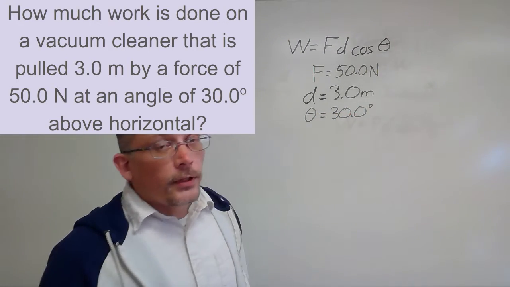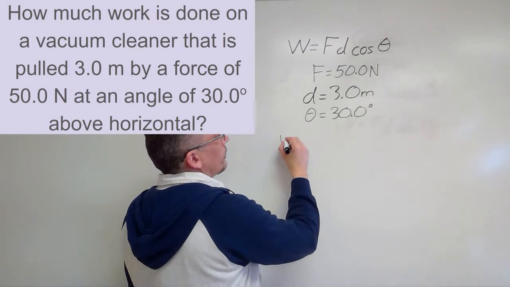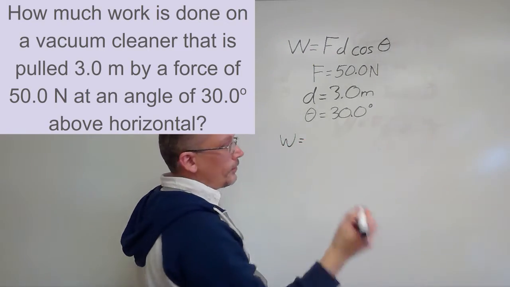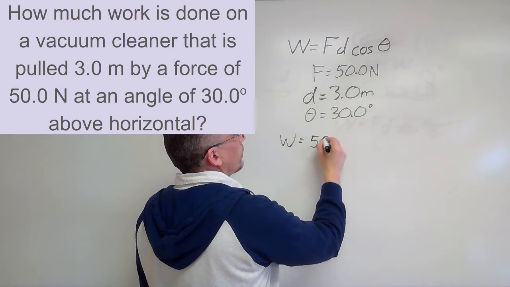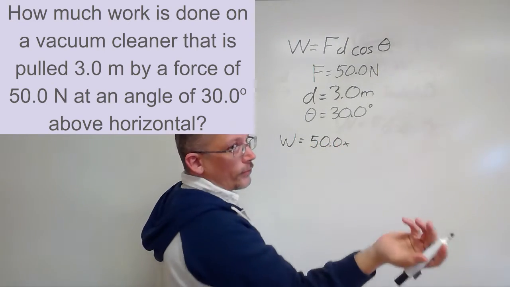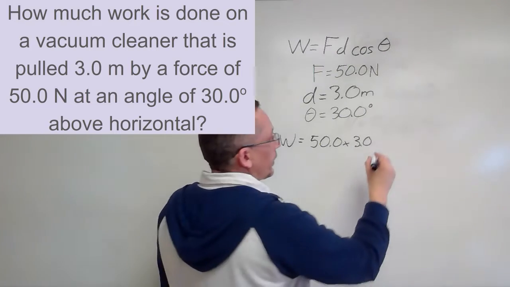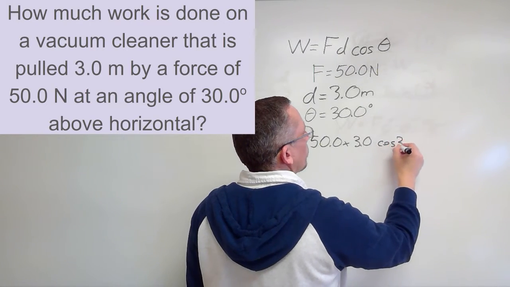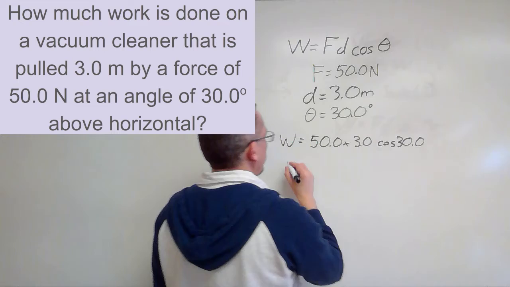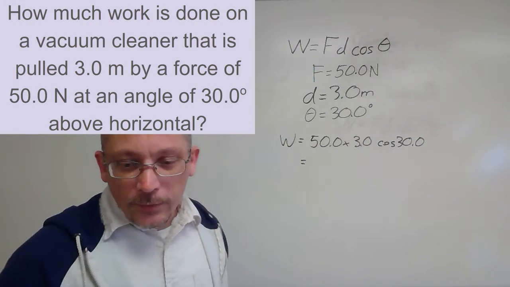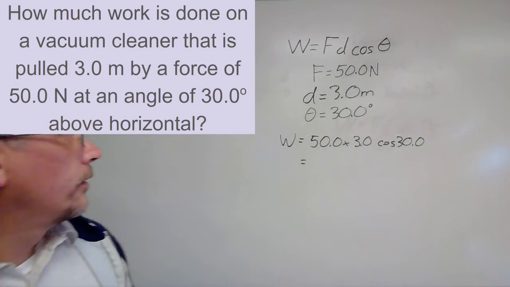So I'll just put the numbers in the equation. That's 50 times 3 times the cosine of 30. Let me grab my trusty calculator.